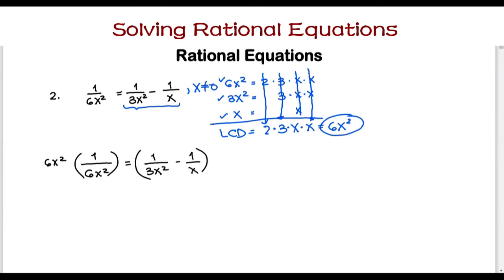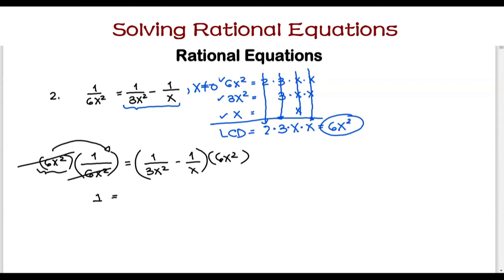I will multiply this by the LCD, which is 6x squared. Kung gusto niyo lagyan ng parenthesis, okay lang. So, if we multiply this LCD here, anong mangyayari? Magka-cancel out. Kita nyo? So, 1 na lang dito sa side na ito.